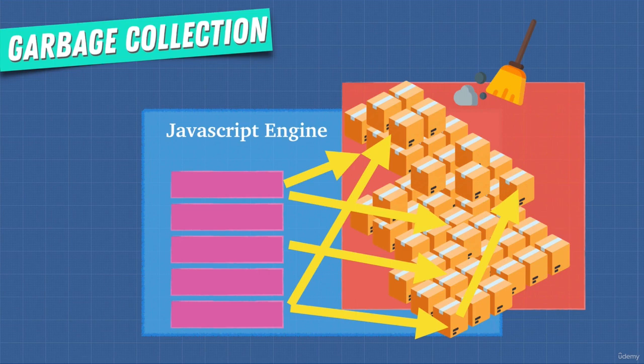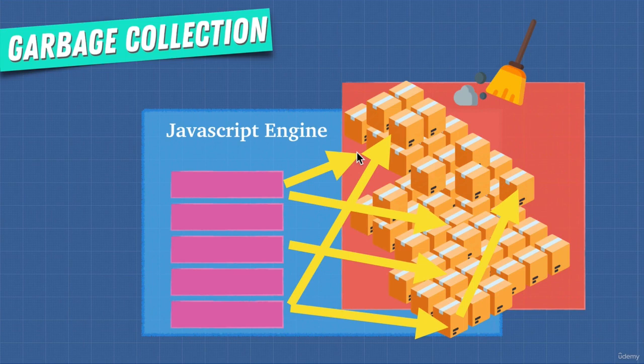That means when JavaScript allocates memory, let's say within a function we create an object and that object gets stored somewhere in our memory heap, automatically with JavaScript, when we finish calling the function and we don't need that object anymore, it's going to clean it up for us.